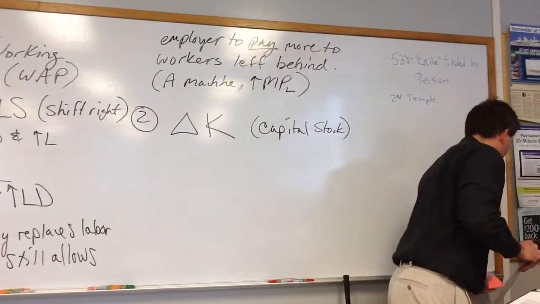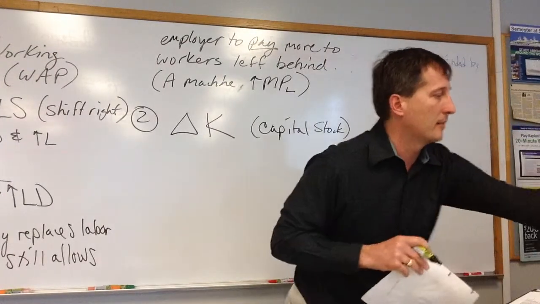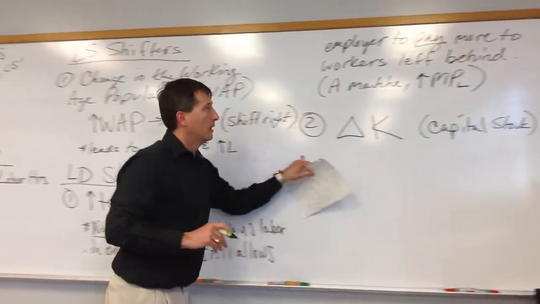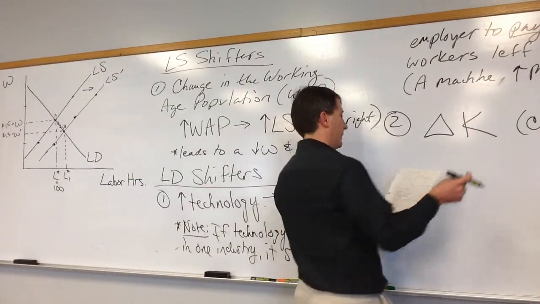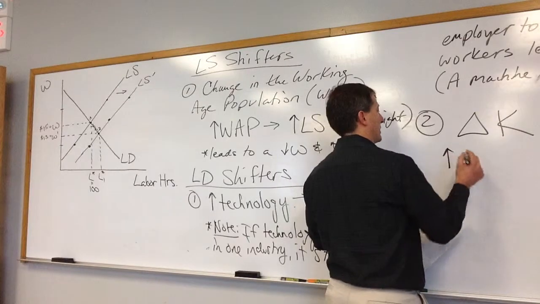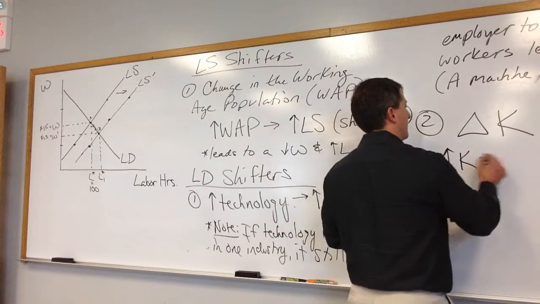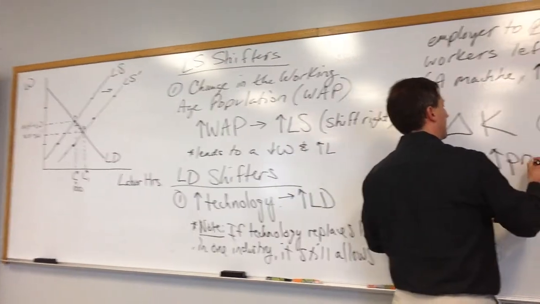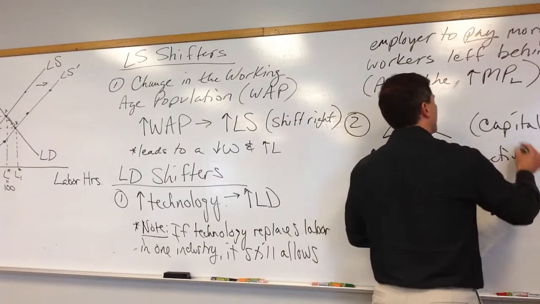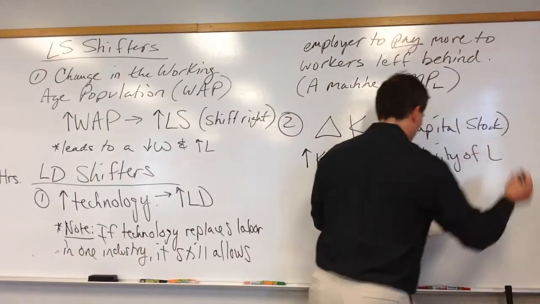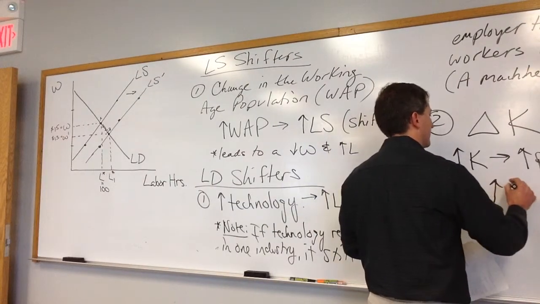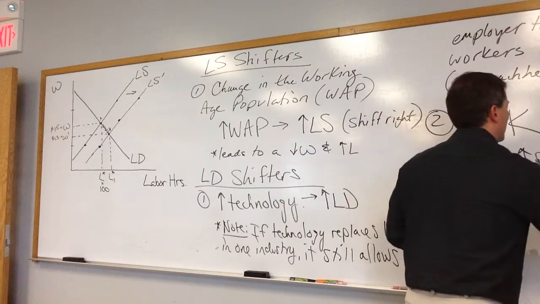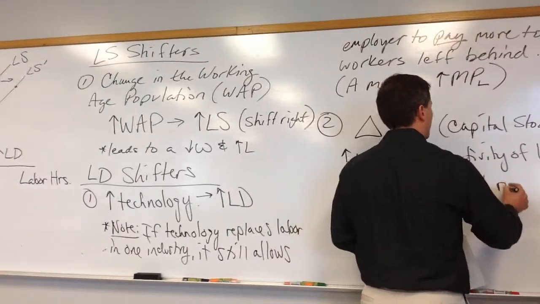If we increase the amount of machines, that will allow our workforce to be more productive. So an increase in capital leads to an increase in the productivity of labor, which increases labor demand. A shift to the right.